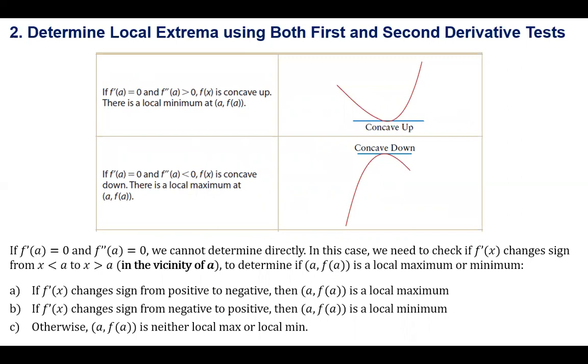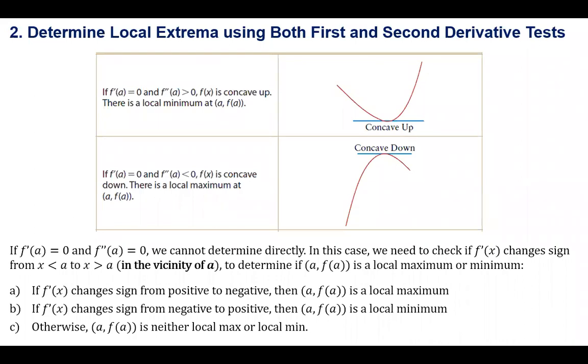Then you need to check whether the first derivative changes sign before or after that point, right? So in this lesson, we are going to learn a new method to check the local extrema using both first and second derivative tests.